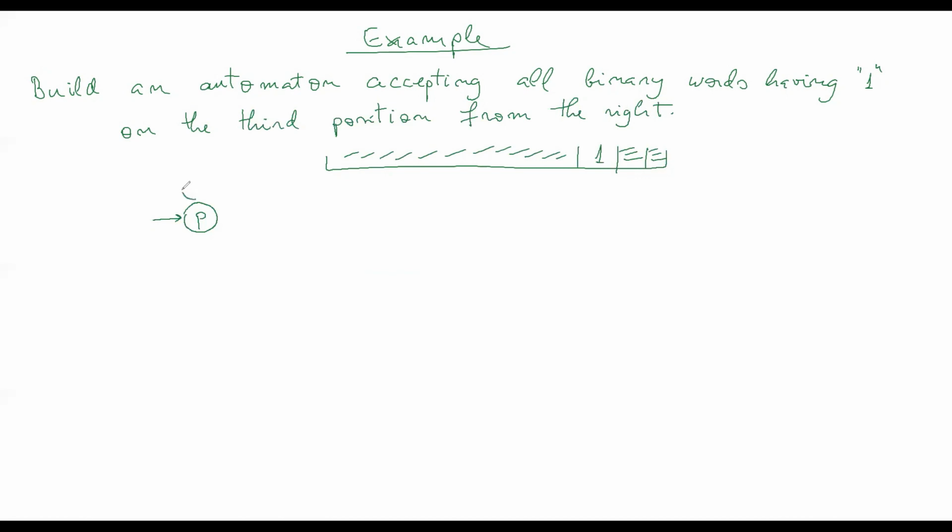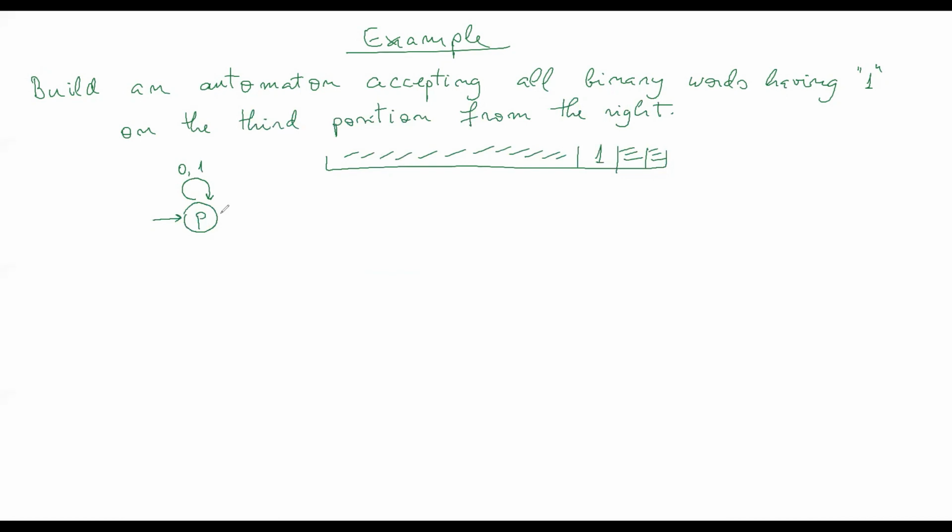So really, I stay in this state reading all the letters 0 and 1. And I keep reading until I somehow realize that I am now on the position third from the right, in which case I will do something else. So this is, if you like, the waiting state that has to take care of this preliminary part until you reach the third position from the right.